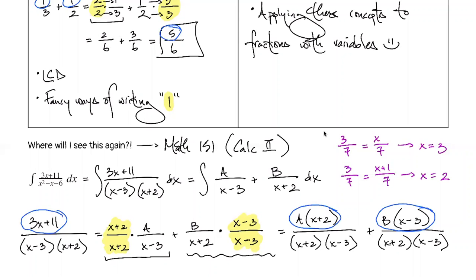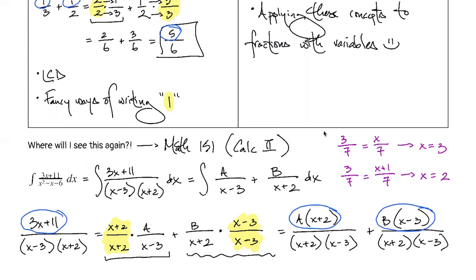Very nice. Okay, so if the denominators are the same, do we really have to worry about them when we're solving? That's a good question for us to think about.